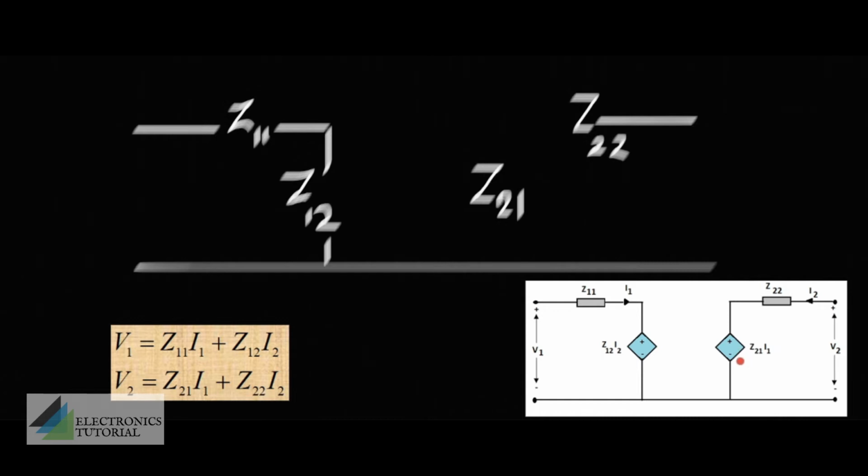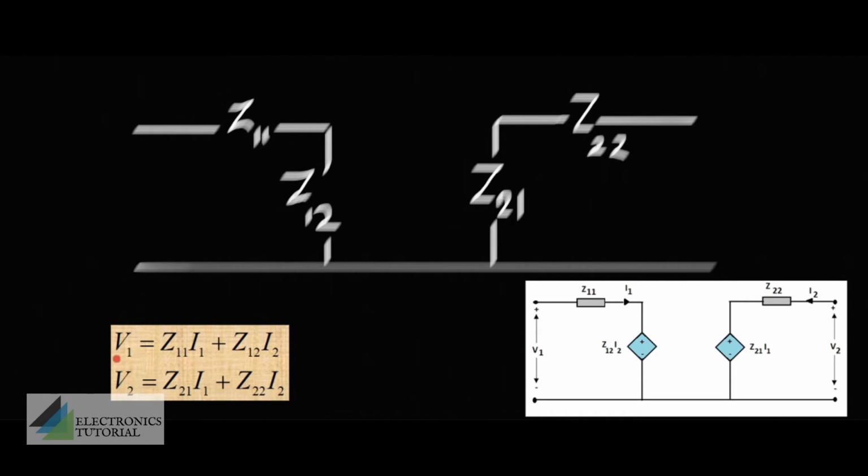So here also it will be a voltage source, and being a dependent source, it is shown in a rhombus shape. It depends on the value of input current I1. So this voltage source is shown in series with output resistance Z22. So we have completed our Z parameter model.